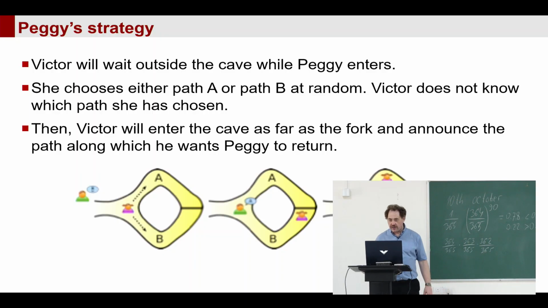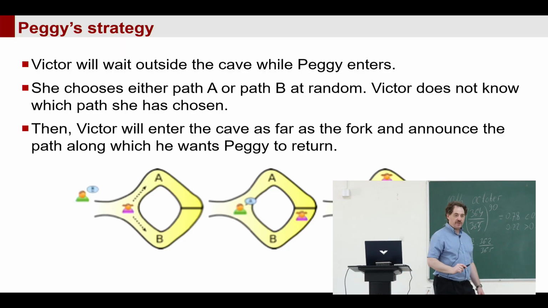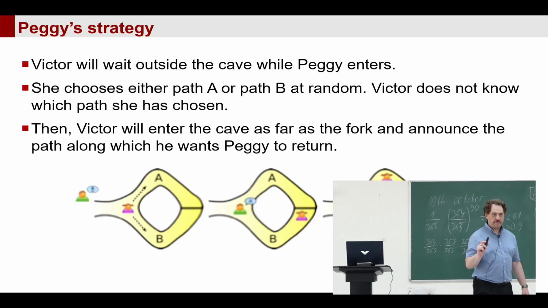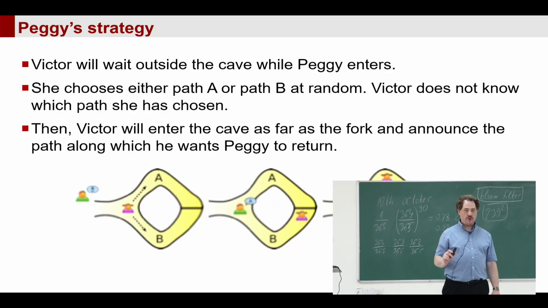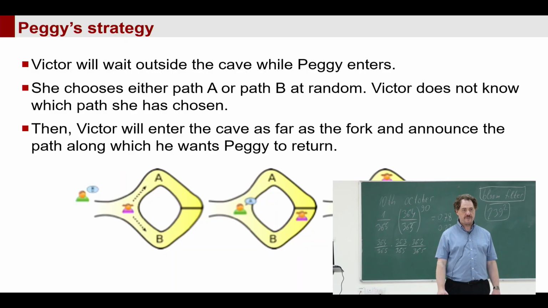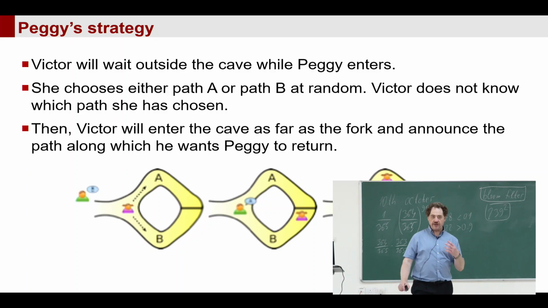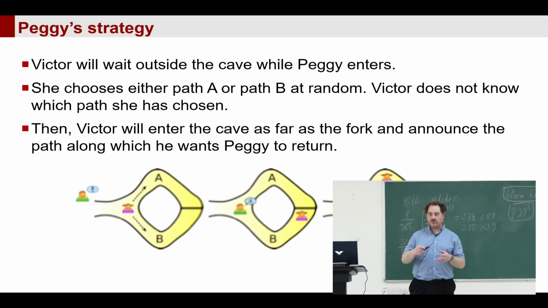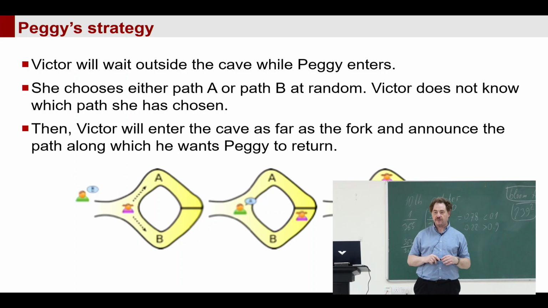What we can do is repeat the tests multiple times. And Victor would only accept the statement as true if Peggy passes the test each time. Just once Peggy fails, Victor would reject. And this way, for 2 times, the probability would not be 50%, it would be 25%.